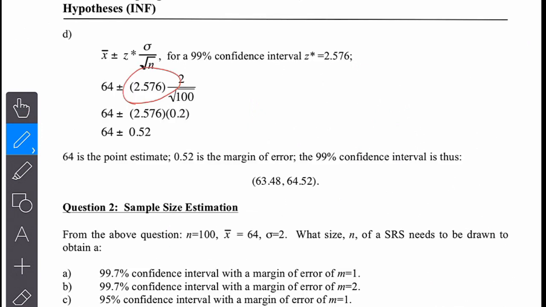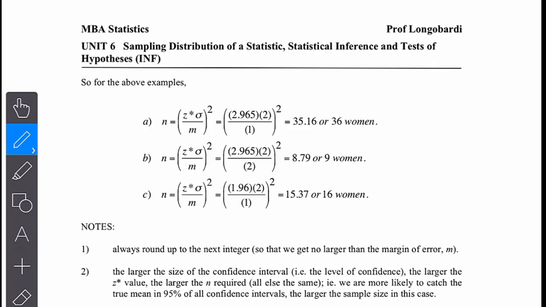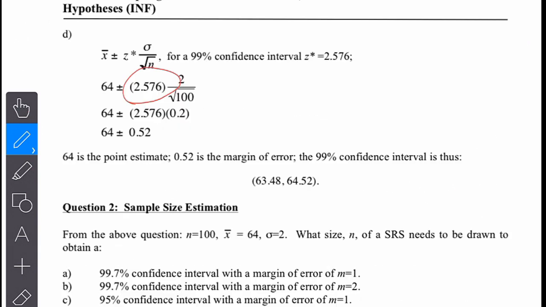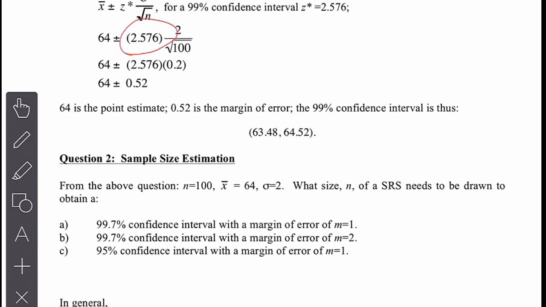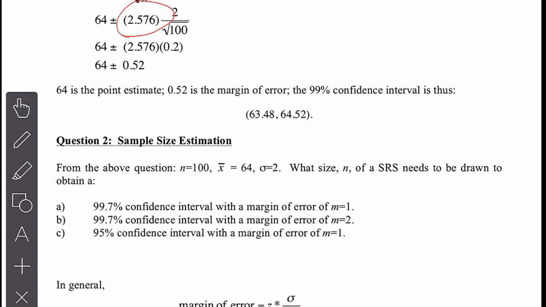Okay, so let's see. Oh, I had a question here. Oh, okay, so here's the information from the question above. What sample size should you draw for a simple random sample to obtain a 99% confidence interval with a margin of error of m equals 1?